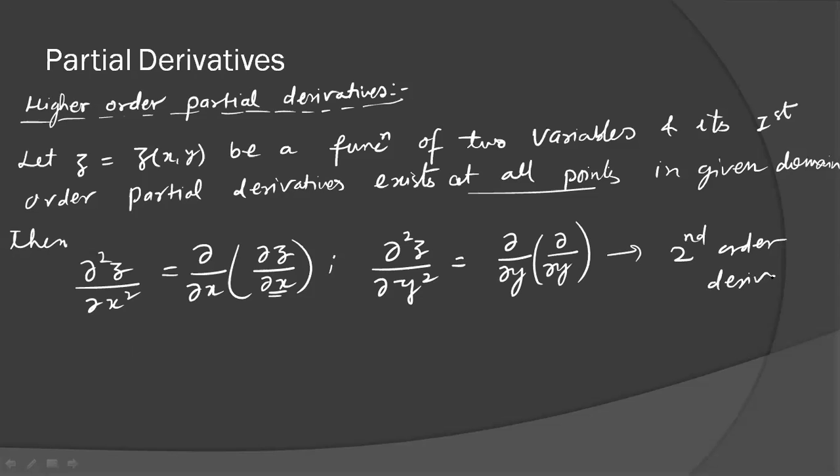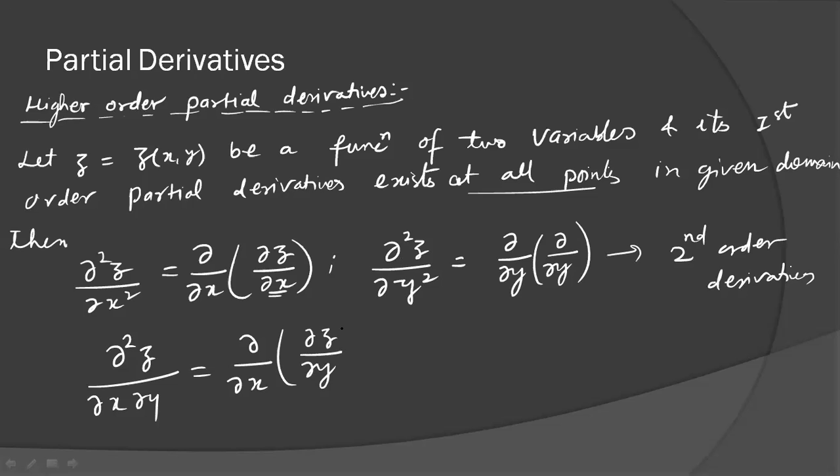In the second order derivatives, we have 2 mixed derivatives also. Suppose you are going to find del 2z over del x del y. What is the meaning of this? This is the derivative of del z over del y with respect to x again.